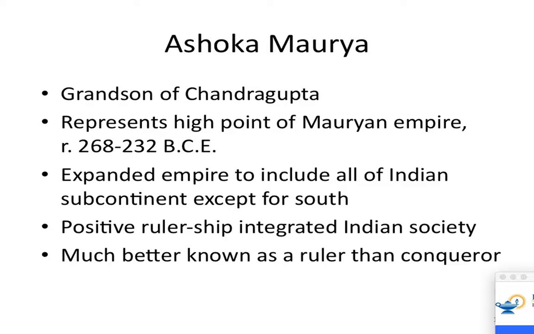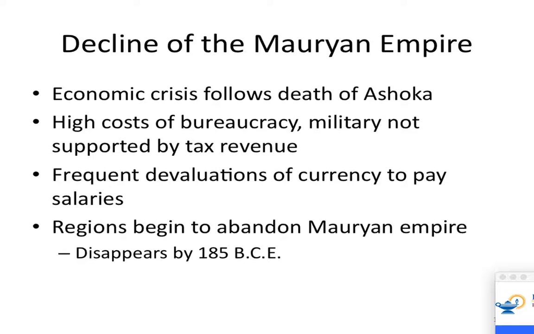Okay, so the fall of the Mauryans. After Ashoka dies, there's an economic crisis. Money is not being spent well. Also, another major unique thing, taxes are not funding the military. Isn't that the strangest thing? Taxes aren't funding the military, and that causes a huge economic drain. Remember, they are a military.